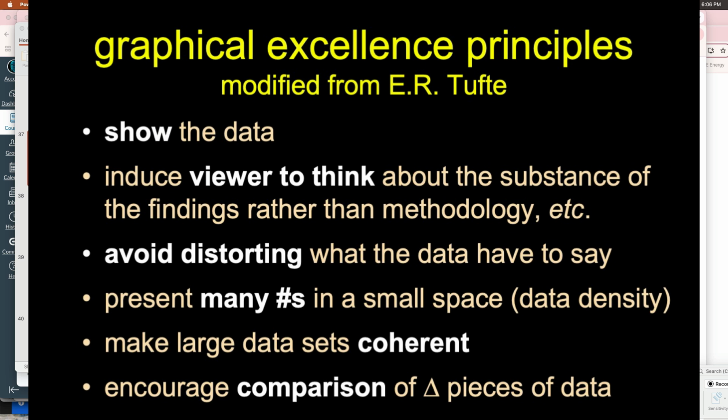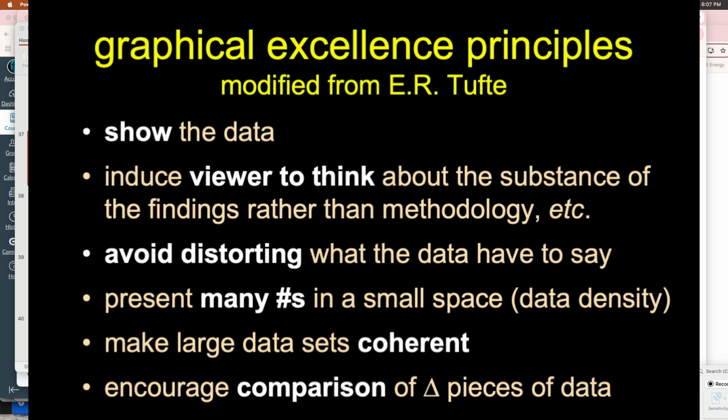Just show the data. Obviously, we want to avoid distorting the data in any way, shape, or form. We want to present it truthfully. Generally speaking, the more numbers, the more data, the higher the data density, is usually a stronger graph.